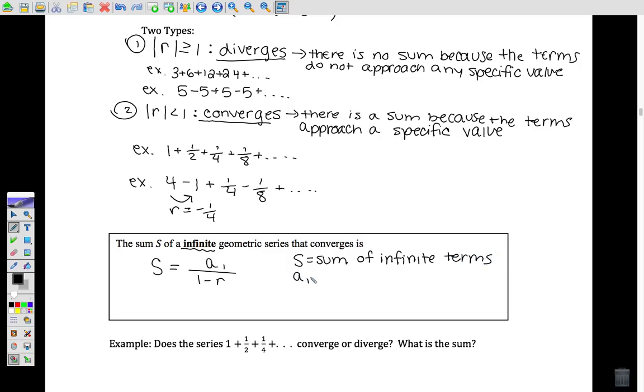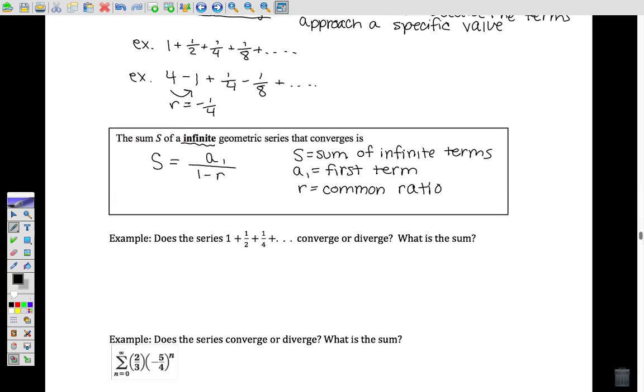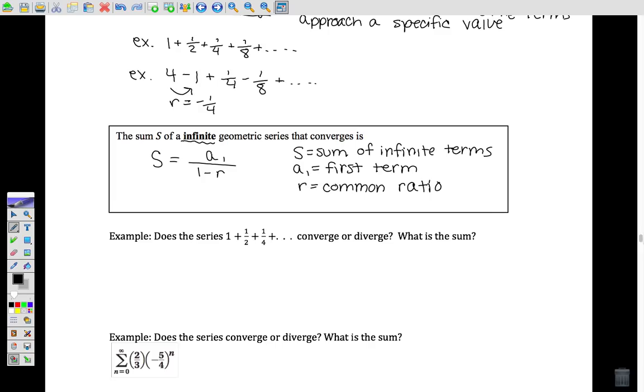And A1 is still the first term that you're adding. And R is still the common ratio. So if you notice the difference between this formula and the formula for a finite geometric series, the only difference is you're taking out that n aspect because n no longer plays a part.